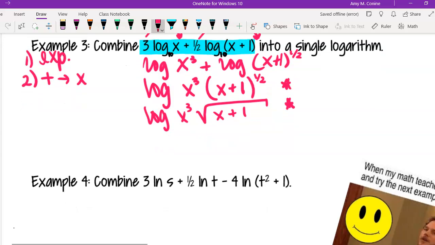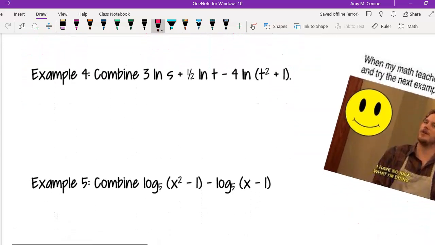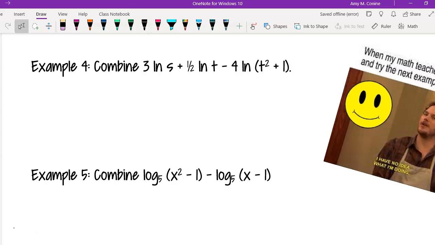Moving on to example 4, we have a few things that we can do. We've got combine, and then we've got 3 times the natural log of s, that is an s, not a 5, plus 1/2 natural log of t minus 4 times the natural log of t squared plus 1. Again, the first thing you should take a look at is your exponents.